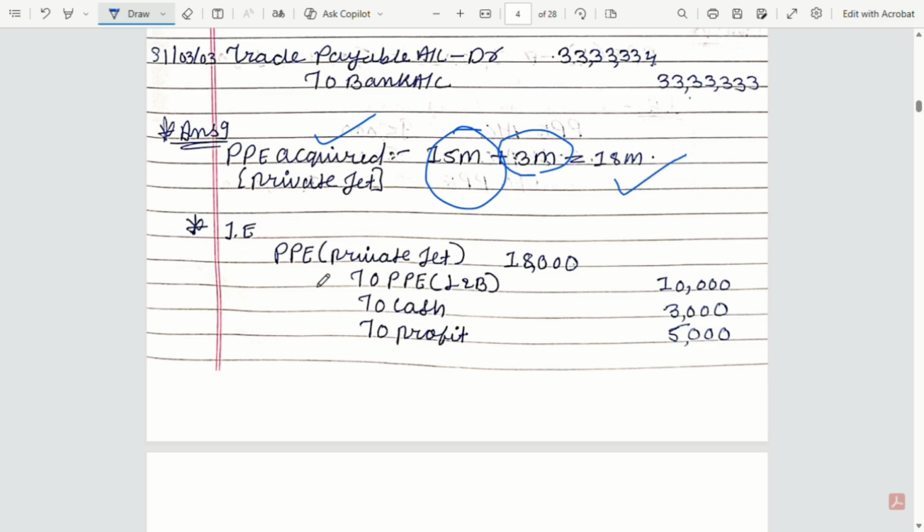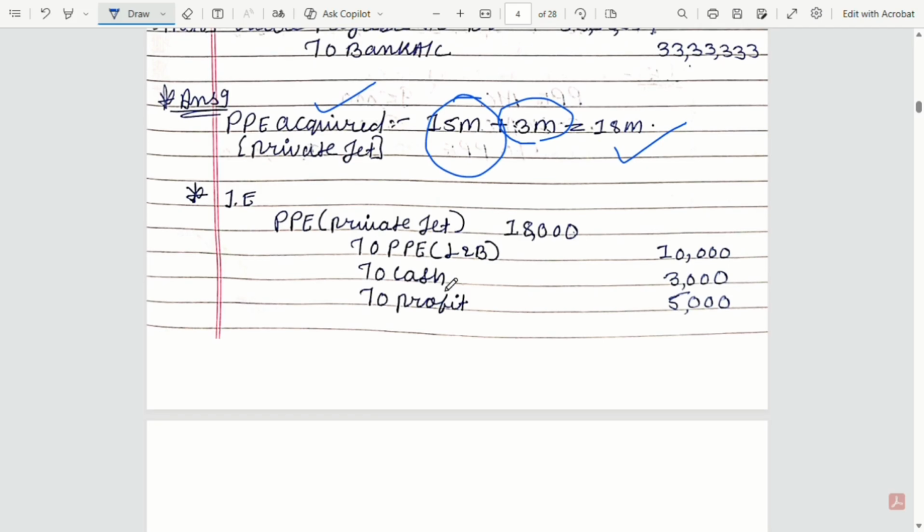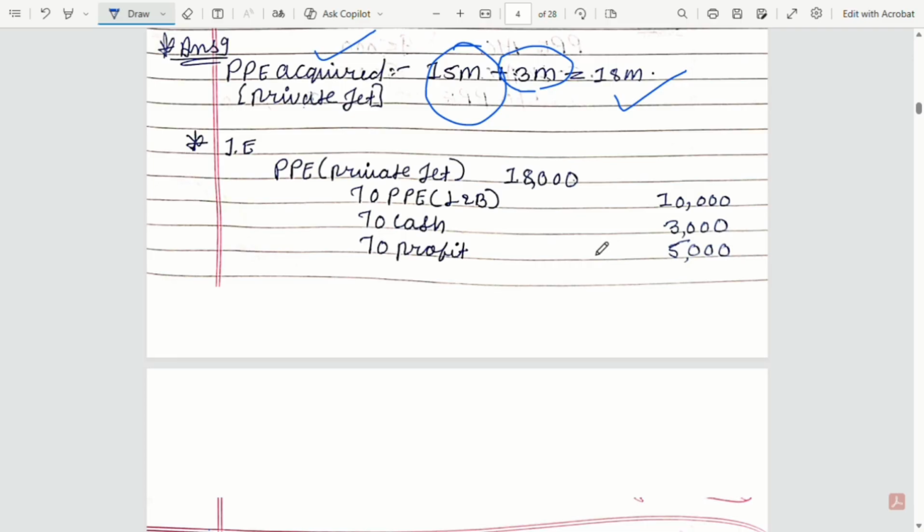So इसका journal entry कैसे होगा, PPE to PPE, because land and building हमारे book से जा रहा है, तो land and building को तो obviously carrying amount से ही कम करेंगे, because ये carrying amount में record हुआ है, तो अभी उसको हटाना है balance sheet से, तो वही amount से उसको reverse करेंगे. तो we have recorded PPE at 18 million. फिर PPE land and building का उसको reduce करेंगे. फिर है cash जो हमने दिया है 3000 का, और balancing figure से हमें profit मिल जाएगा, हमारा gain मिल जाएगा.